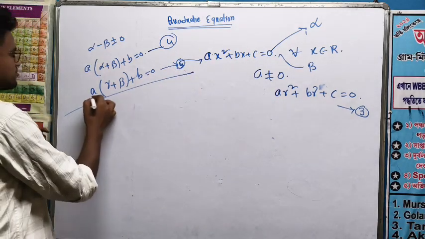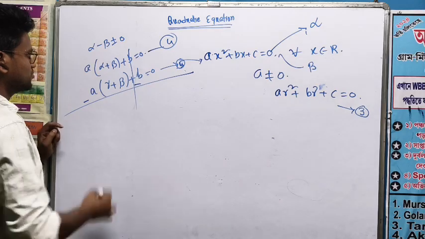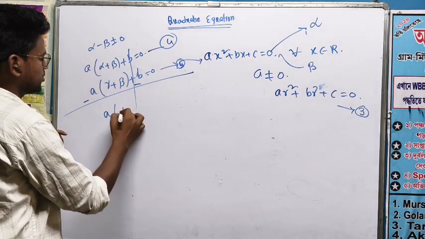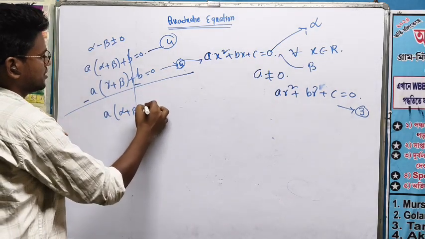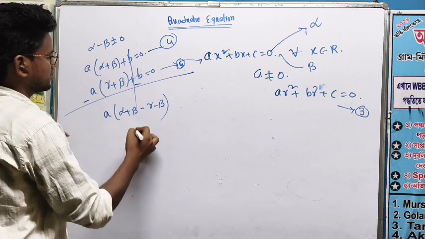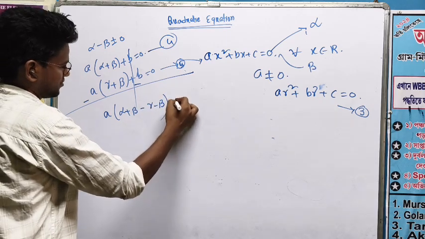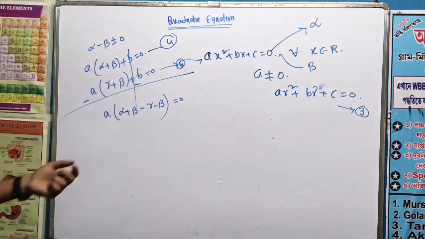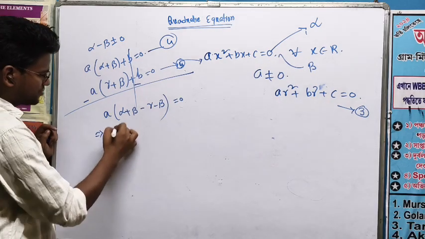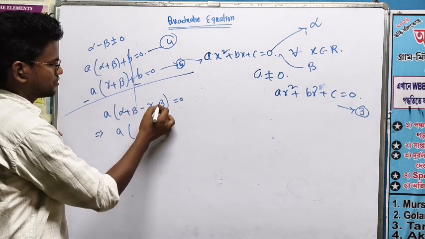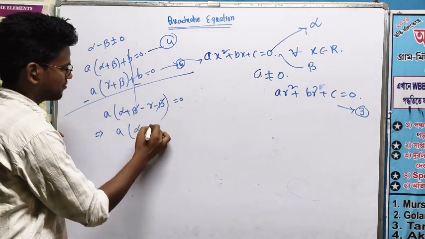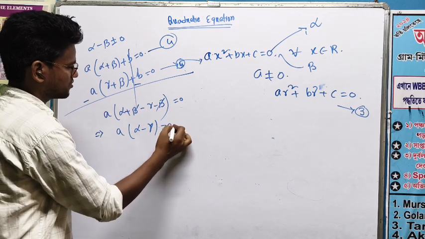Then we get, this is minus and this is minus. This cancels out. So this is a(alpha - gamma) + beta(alpha - gamma), okay, and this equals 0. So beta cancels out, a(alpha - gamma) = 0.